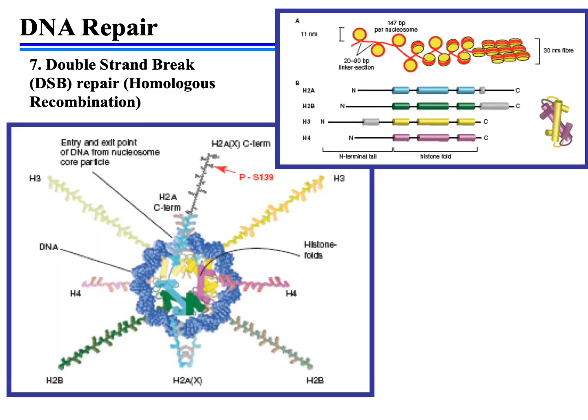One of the last things that I'm going to talk about with this particular slide or lecture series is circling back to those histones. We talked quite a bit about histone structure and histone function when we discussed the organization of the genome inside a typical eukaryotic cell.